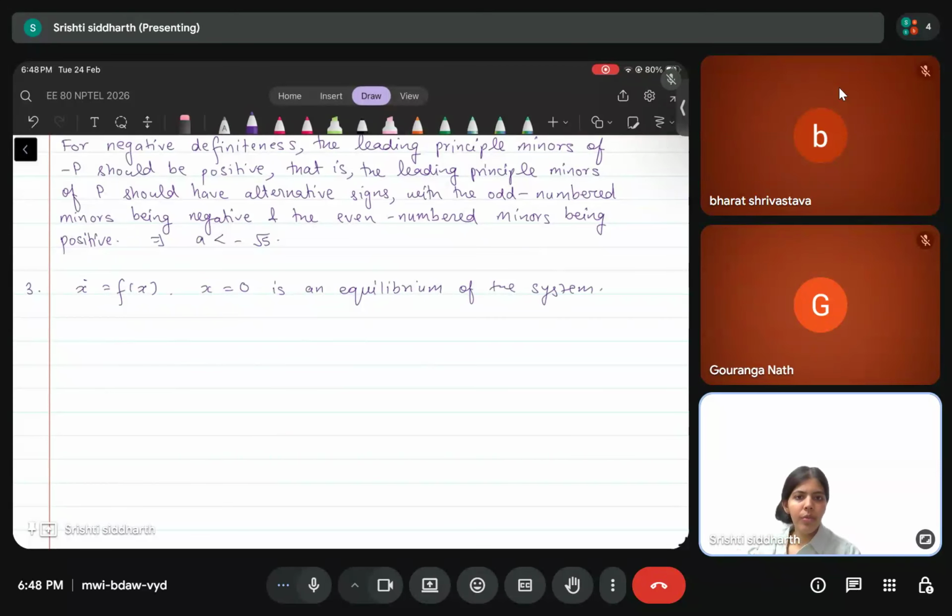For this system, we define a Lyapunov function V(x), and the conditions are that V at 0 should be 0, and V(x) should be positive otherwise.